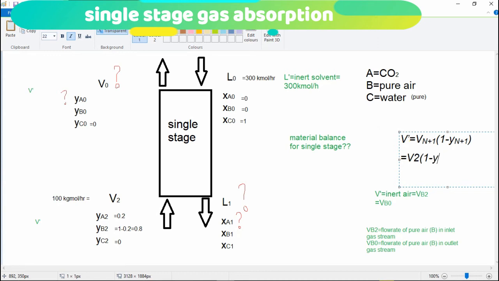1 minus Yn plus 1, so n is 1, so 1 plus 1 will be 2.